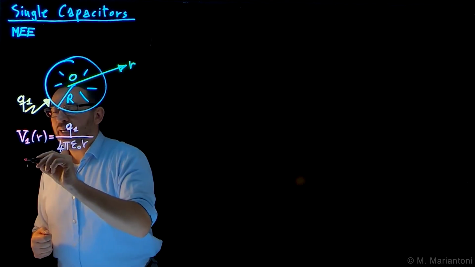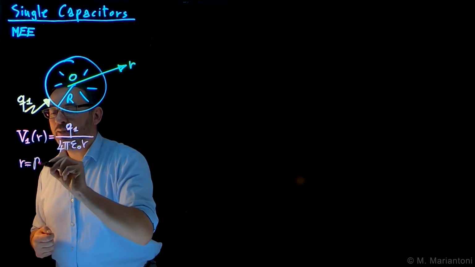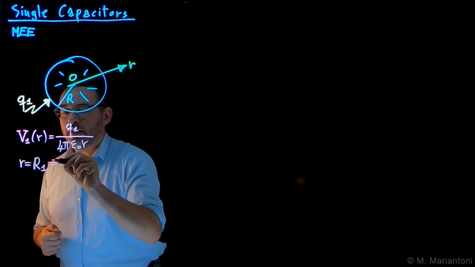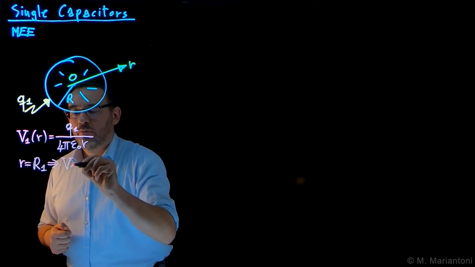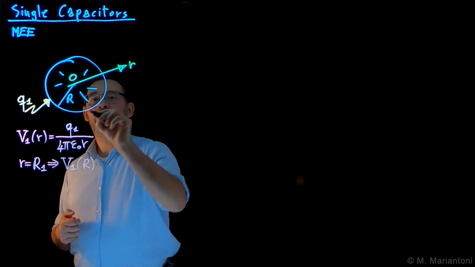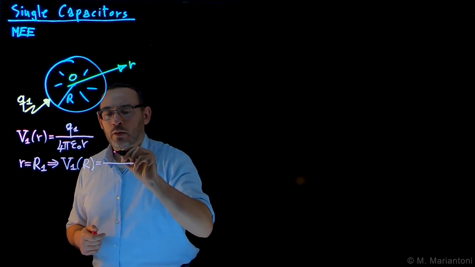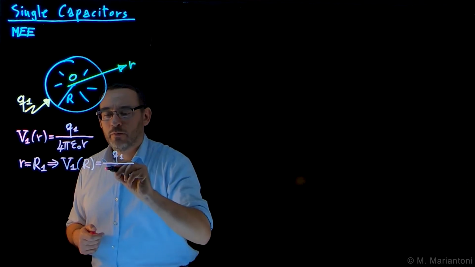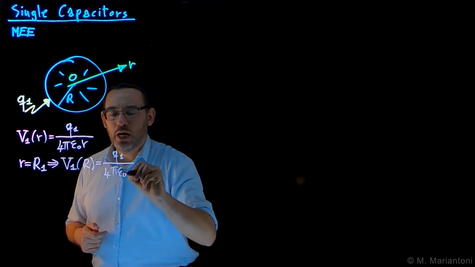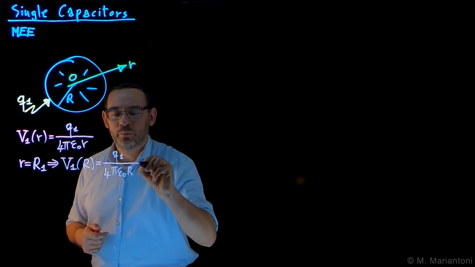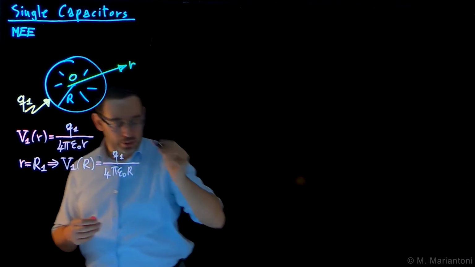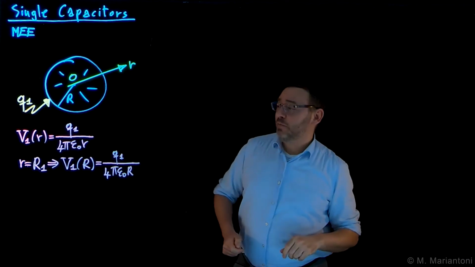Now what happens when I set r to be exactly equal to capital R? Well, in this case, the electrostatic potential V1 at capital R, which is right on the surface of this sphere, is going to be nothing but Q1 divided by 4 pi epsilon naught capital R. It's a constant. This is an equipotential surface for the sphere.